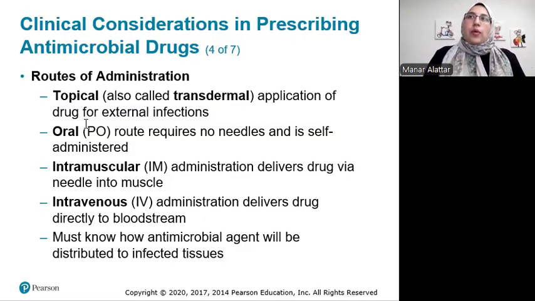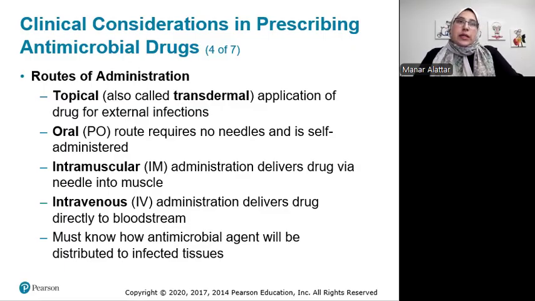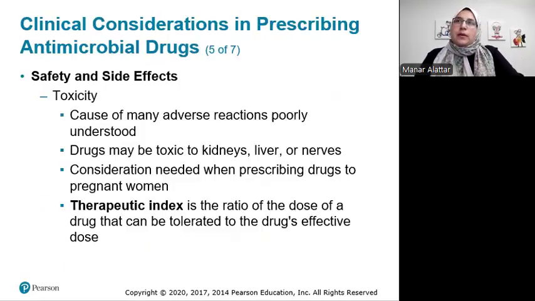But then you could have oral administration, intramuscular administration, or intravenous administration. Penicillin, for example, depending on the patient and their situation, might be administered in different ways. Depending on your antibiotic, it could be administered differently to the patient. Okay.